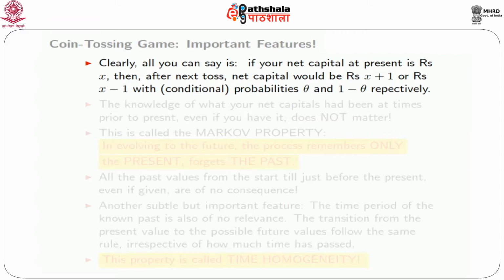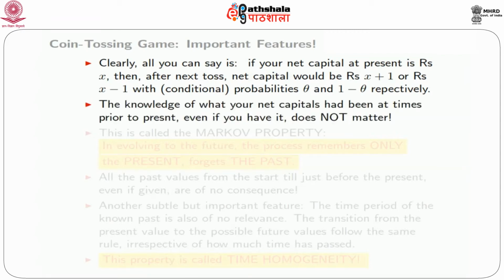So the knowledge of what your net capital had been at times prior to the present, even if you have it, does not matter, because your prediction is based only on what your present fortune is, that is X.